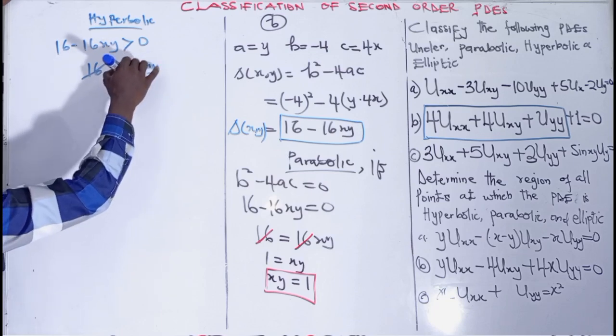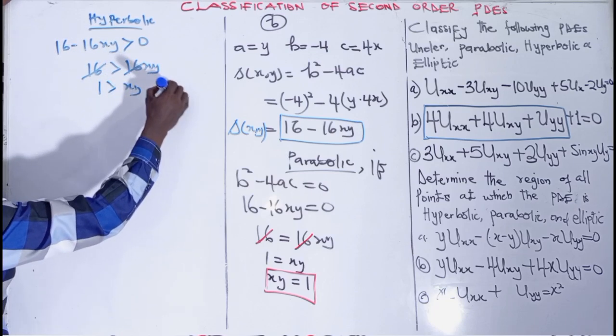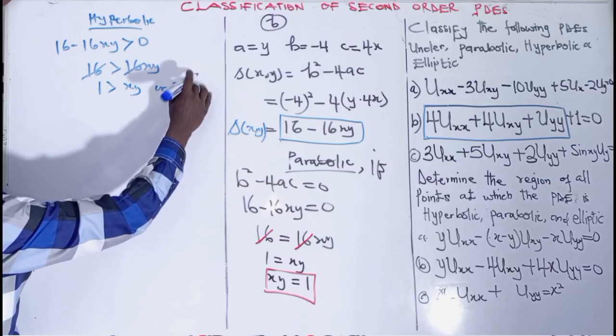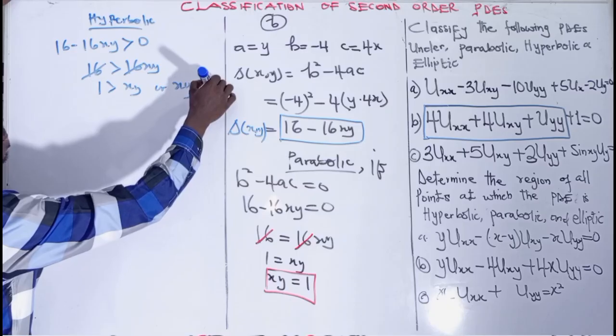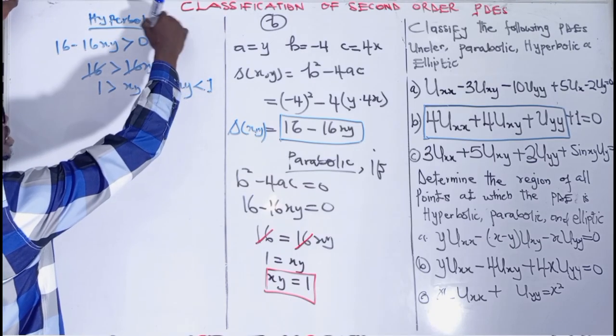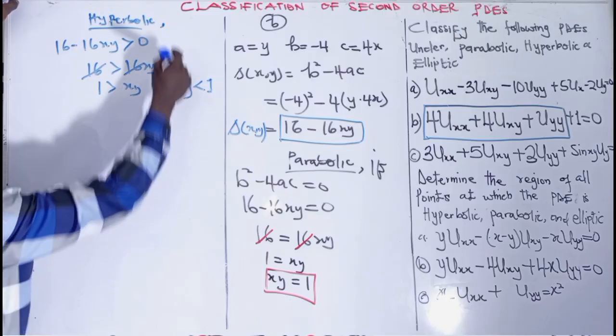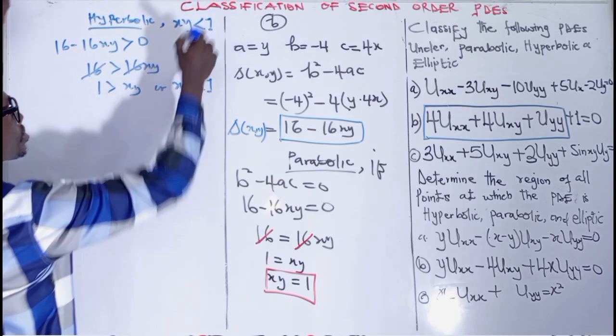When we divide both sides by 16, we have our 1 is greater than what? xy, which we can write as xy is less than 1. So from here, we are saying that the equation is hyperbolic if xy is less than 1.